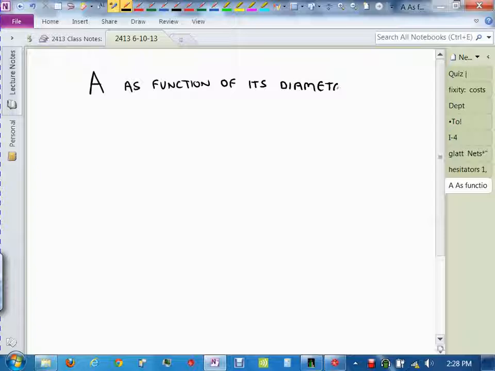What does that mean? Wrong class? Oh, man, would have been fun. All right. What does this mean? Area as a function of its diameter.